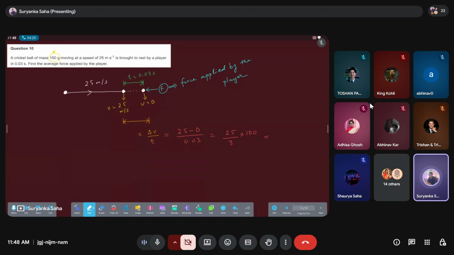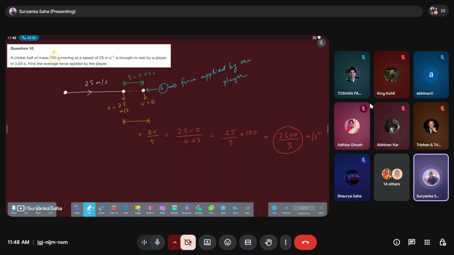So you can keep this as 2500 by 3 only, because you don't have to find it out. Do you need to find the acceleration? No, acceleration is not required. So you keep it like this, 2500 by 3 meter per second square.